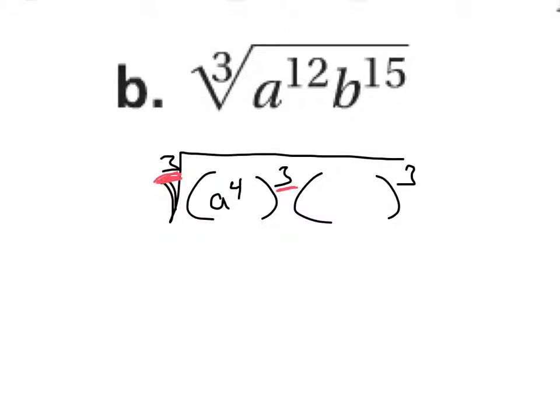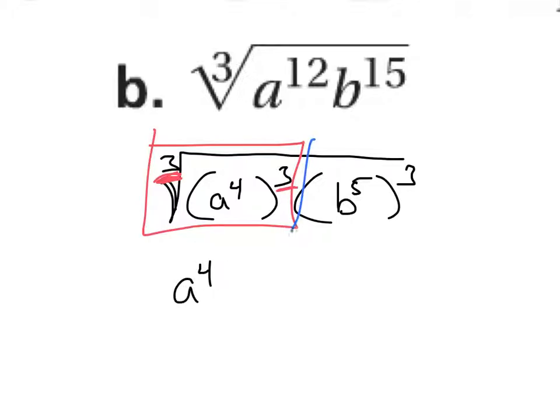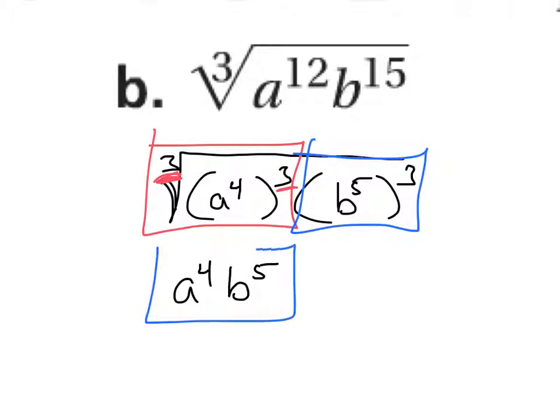When we take a power to a power, you multiply them. B to the 15th power is b to the 5th cubed. So if I take the cubic root of that first one, I'm just getting a to the 4th. If I take the cubic root of that second one, I'm simply getting b to the 5th. There's my answer.